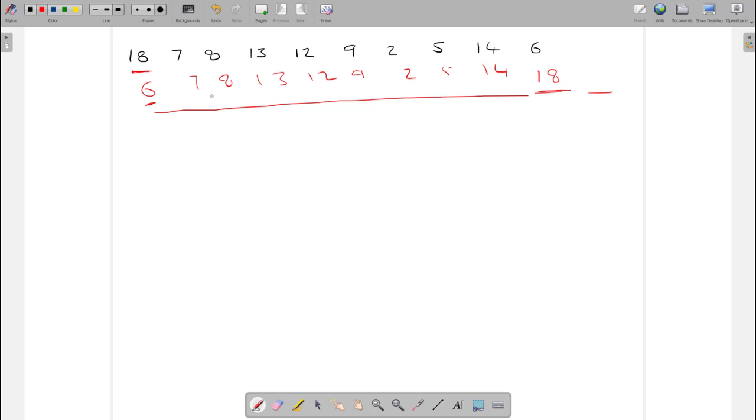So here we look at all the elements which are less than 6 and put them on the left side of 6. 7, 8, 13 can be passed, 12 can be passed, 9 can be passed. 2 is smaller than 6, so 2 comes here. 5 is smaller than 6, so 5 comes here. 14 and 18 do not, actually 18 we should not even consider because 18 is in its right position. So we put 6 here, 7, 8, 13, 12, 9, 14 and 18.